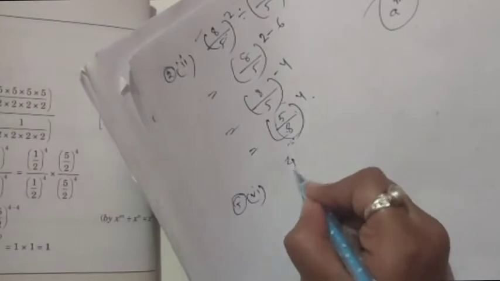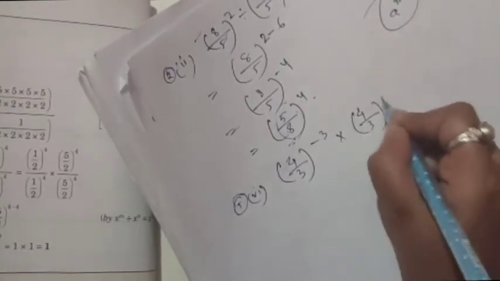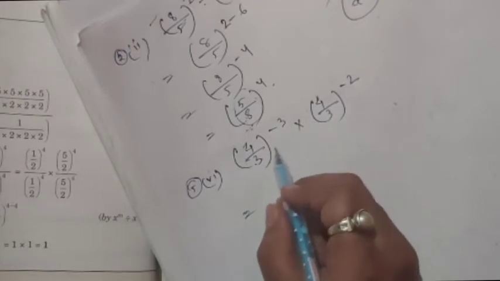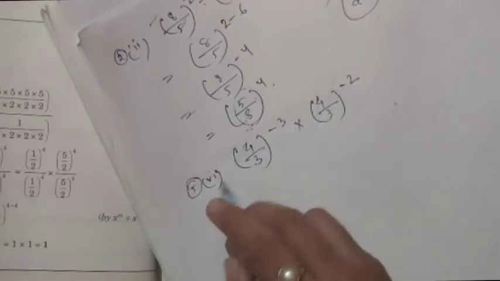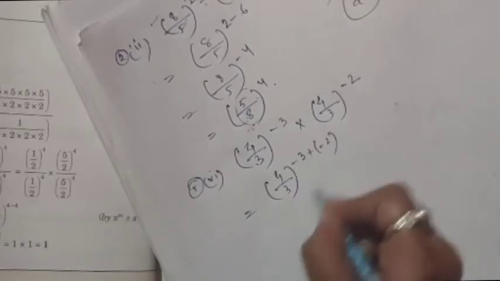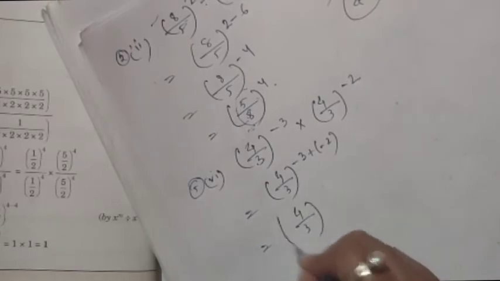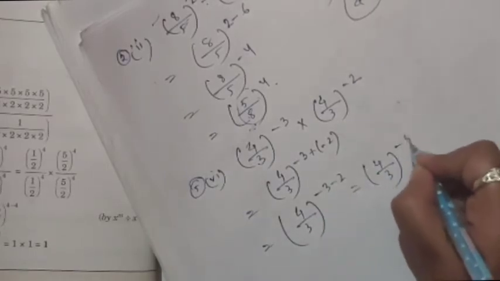Question number 5.6. 4 by 3 raised to the power minus 3 multiplied by 4 by 3 raised to the power minus 2. Okay, so here you can see that the bases are the same but the powers are different, so you have to add the powers. 4 by 3 raised to the power minus 3 plus minus 2, that is 4 by 3 raised to the power minus 5.